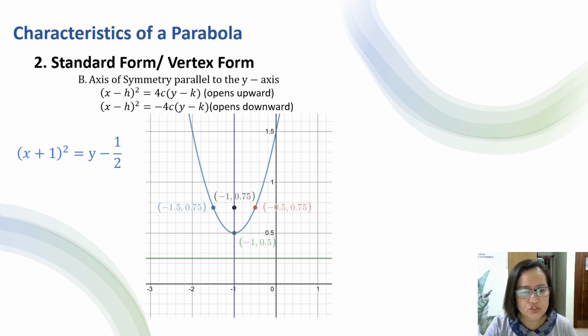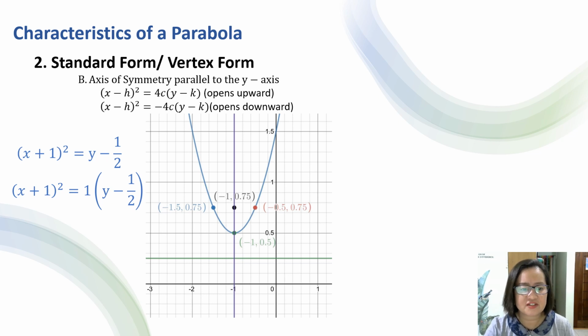Since there is no numerical coefficient or no number before y, we can say that the numerical coefficient of y is 1. Thus, extracting the common factor 1, we get the equation (x + 1)² = 1(y − 1/2).